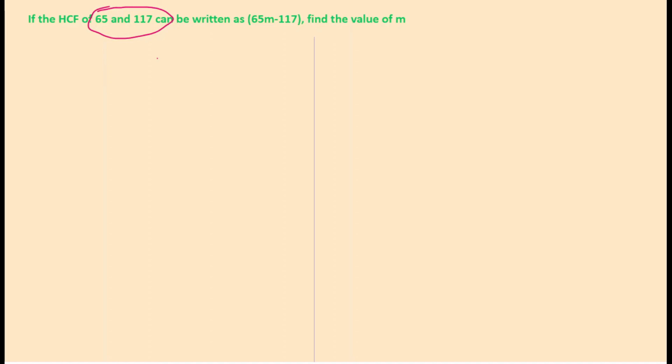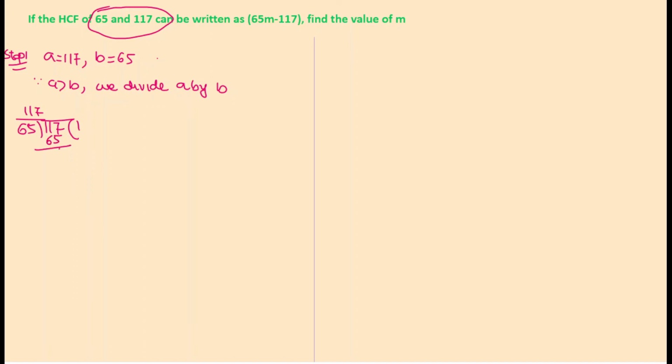So before that, step 1, you have to choose the value of A and B. A is greater than B, so A will be 117 and B will be equal to 65. So since A is greater than B, we divide A by B. Okay, so 117 by 65, 65 ones are 65.